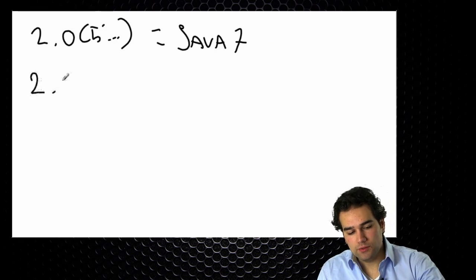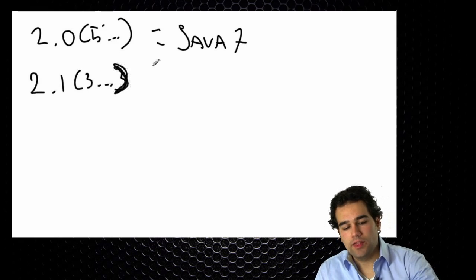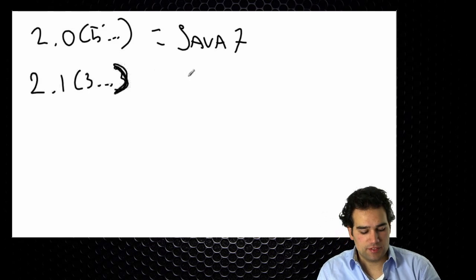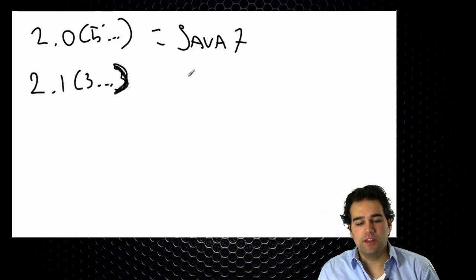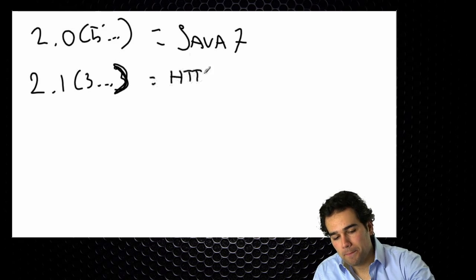Then in 2.1, we're currently at 2.13 and then some letter behind it. That is of course also running Java 7, but in the most recent version of Java 7, in the latest update, we have an issue with HTTPS.